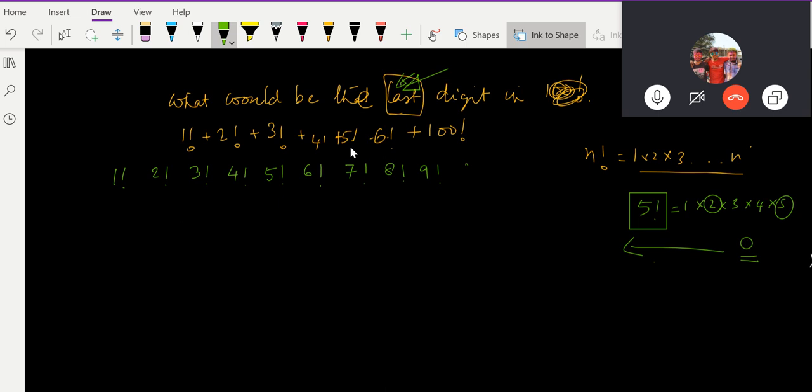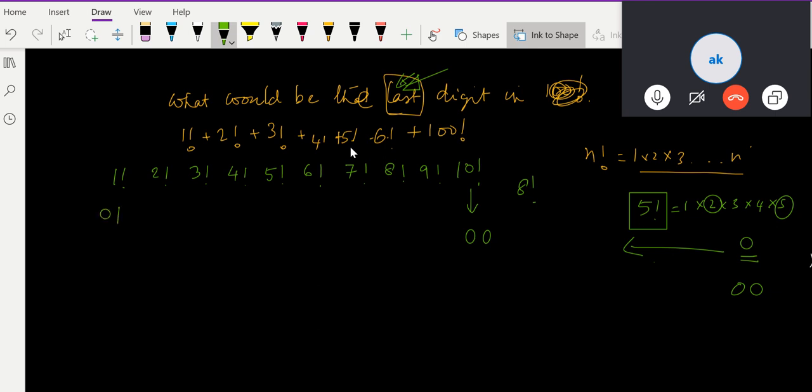Which is the first number which will have two zeros? 10 factorial, correct. 10 factorial will have two zeros in the end. So we have to just sum up the last two digits of the previous ones, and we don't have to bother about all the digits.